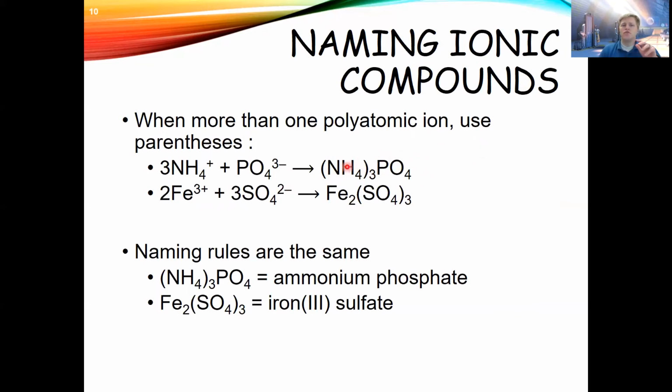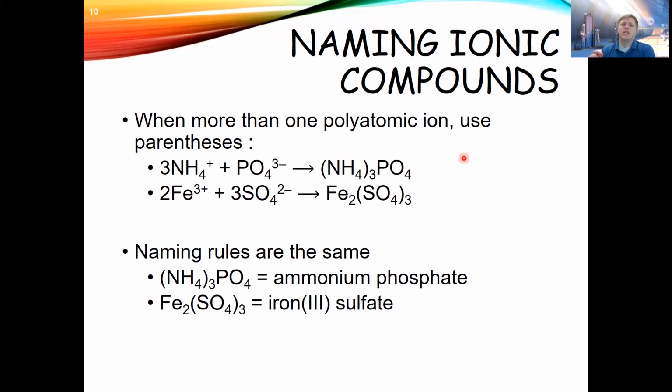Why don't we just write N3H12? Well, we're specifically trying to indicate that this is the ammonium ion complexing with the phosphate ion. If we did N3H12, that's ambiguous and we lose information. And so we like to keep that in parentheses.